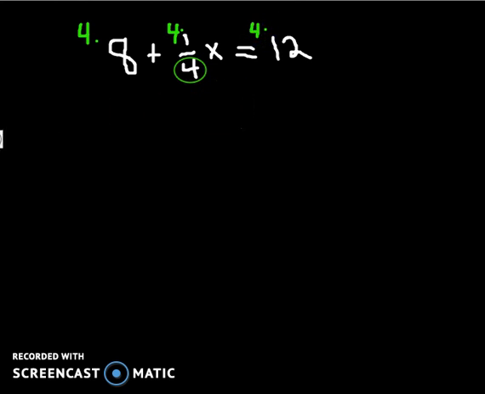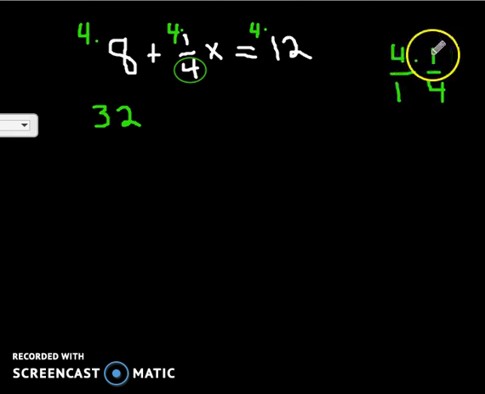So watch what happens. 4 times 8 is 32. 4 times 1/4, let me write that out so you can see it. 4 times 1/4 gives me 4 times 1 is 4. 1 times 4 is 4. It gives me 1. So I can cross that out.